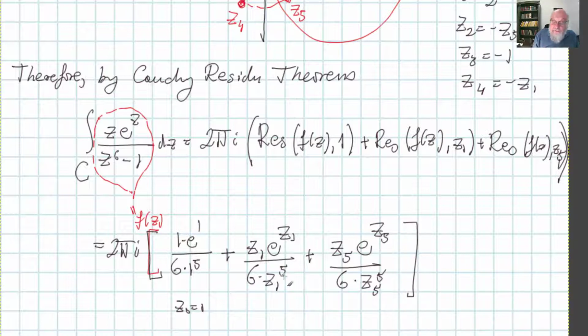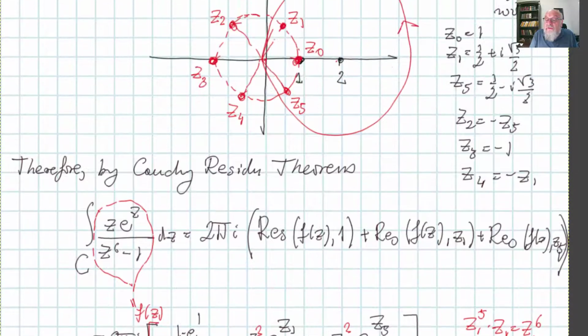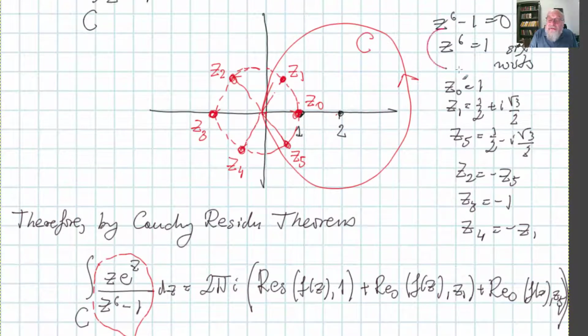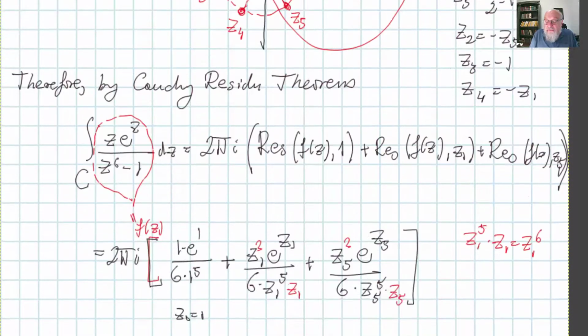It is convenient to just multiply it by one more Z1, so this will be Z1, and then becomes square. This will be Z5, and then this becomes square. But what is this? Z1 to the 5 times Z1 is Z1 to the 6, but Z1 to the 6 is equal to 1. You see, those are the solutions to this equation.